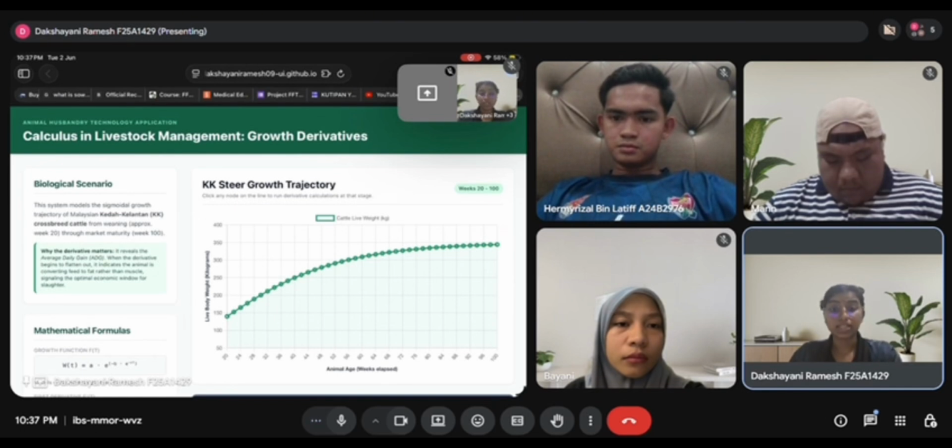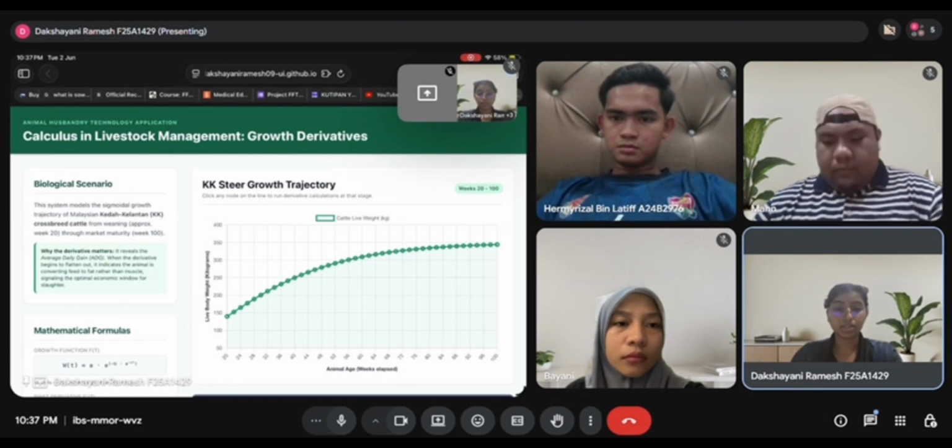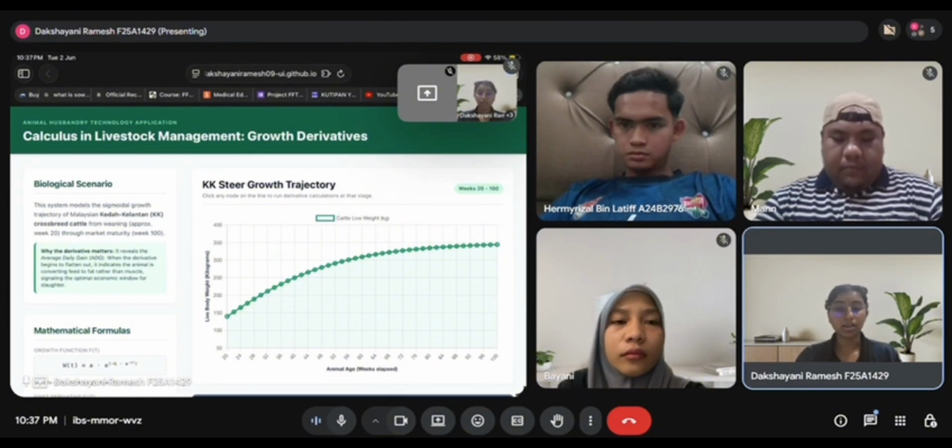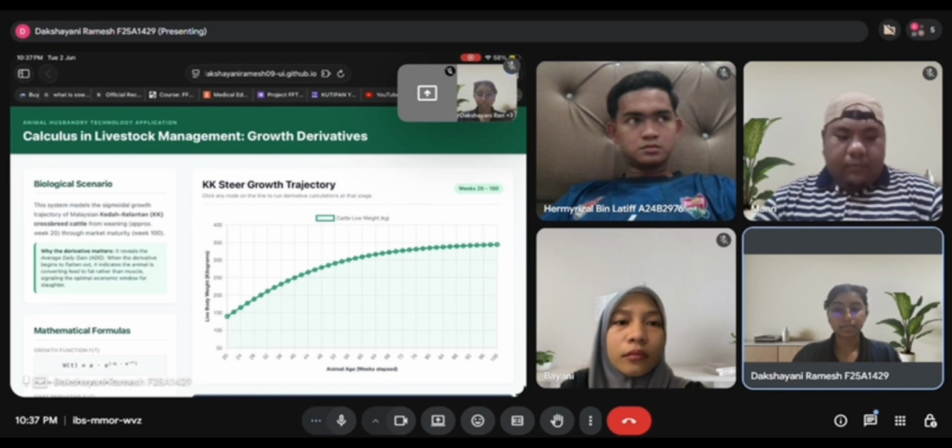Using derivatives, we can calculate the rate of change of weight over time, also known as the growth rate or average daily gain.